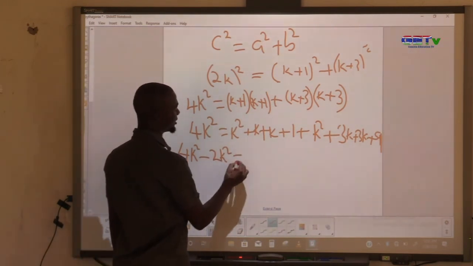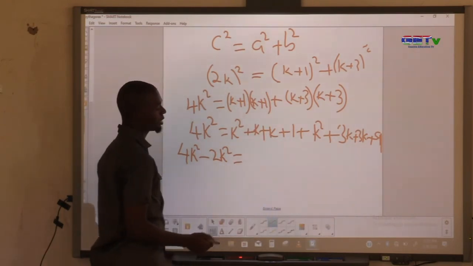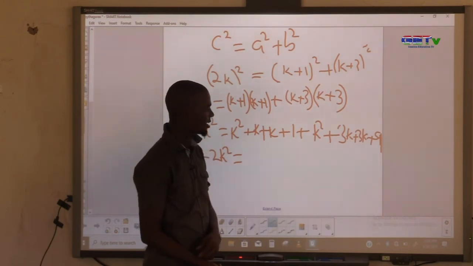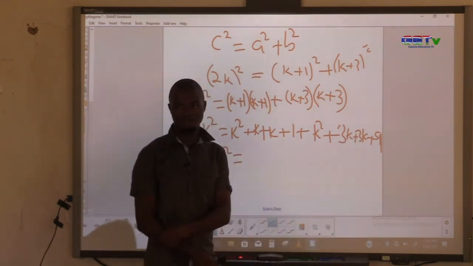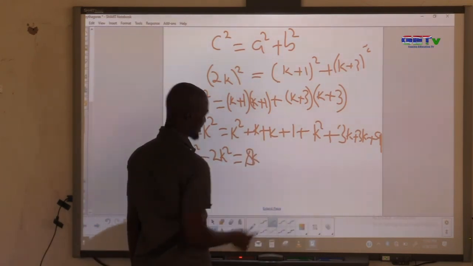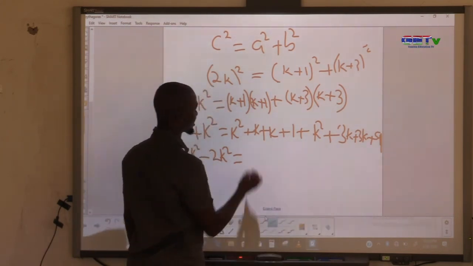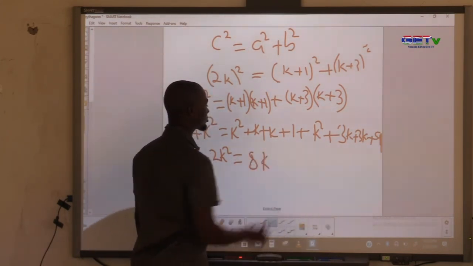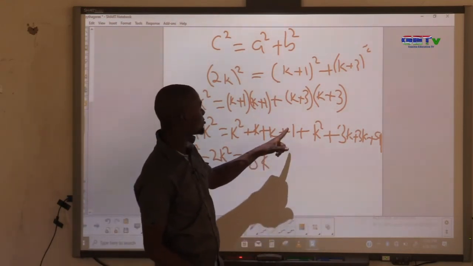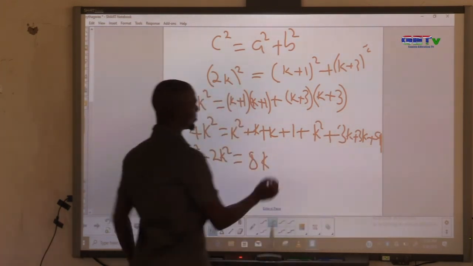Then this is equal to k plus k, that's 2k, plus 3k, that is going to give you 5k, plus another 3k is going to give you 8k. Then what is left? You will have 1 plus 9. That is the only thing left, and 1 plus 9 is 10.